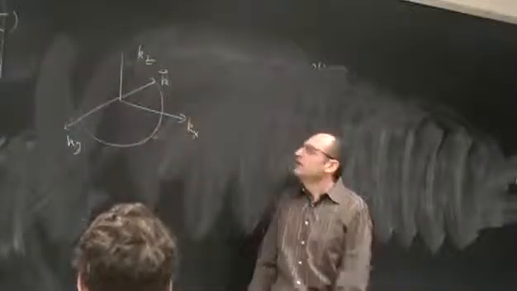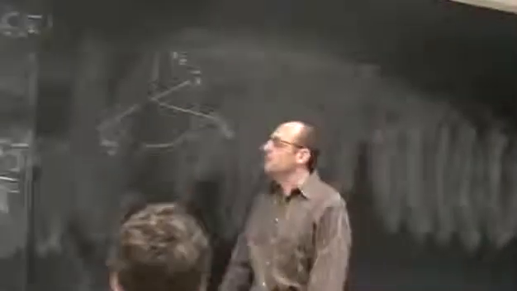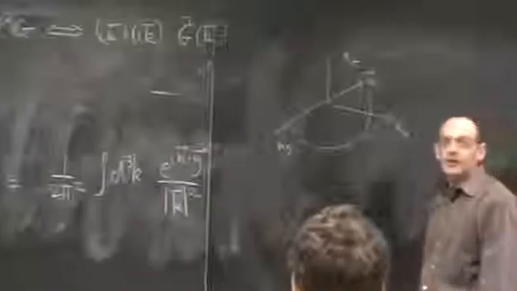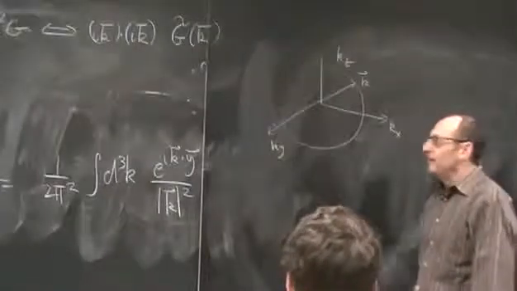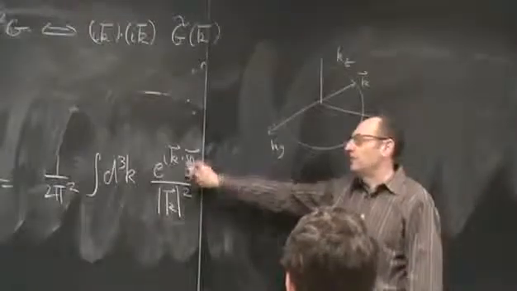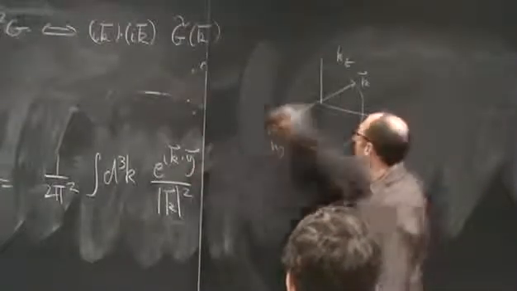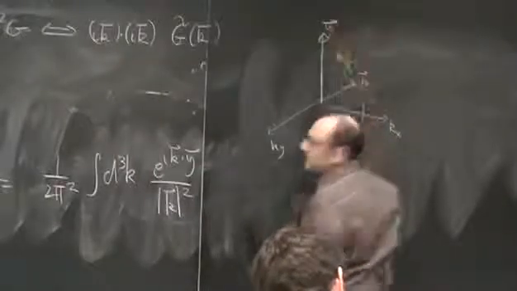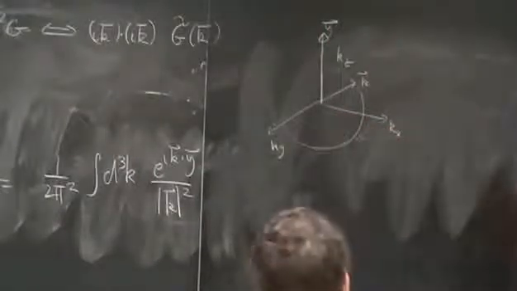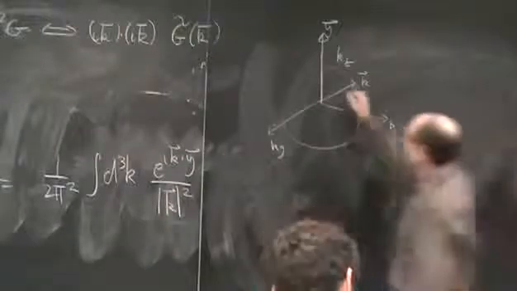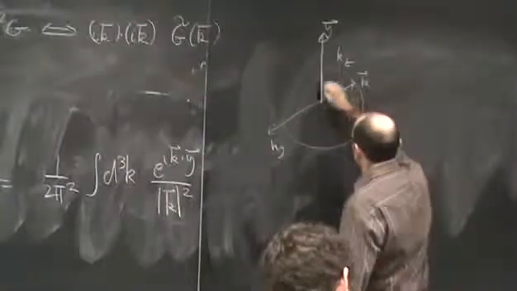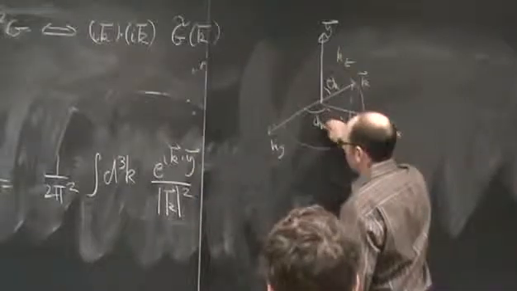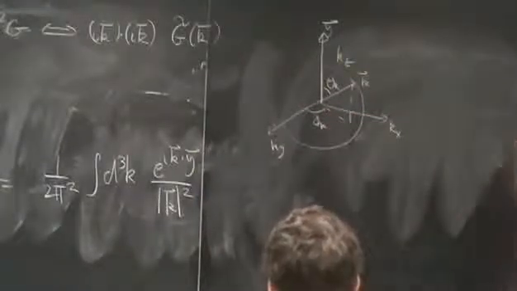All right? So to do that, we need to choose some direction to be the kz direction. There's only one other vector in the problem, that's y, which is fixed. So we might as well choose the y-axis to be the polar axis here, in which case there's an angle theta for the k vector in spherical coordinates.